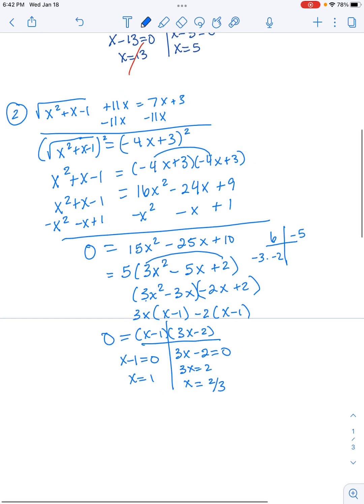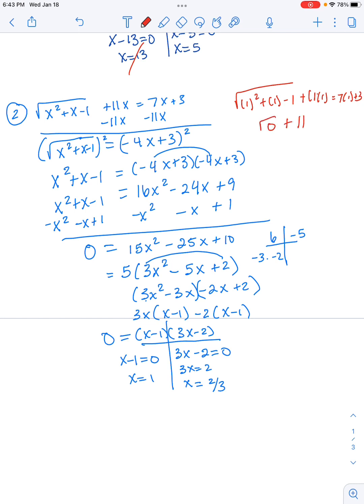All right, we're going to go ahead and check for extraneous roots again. So when we simplify this, 1 squared is 1, plus 1 is 2, minus 1 is 1. Actually, the square root of 1 plus 11 times 1 is 11, so 12. 7 times 1 is 7, 7 plus 3 is 10.